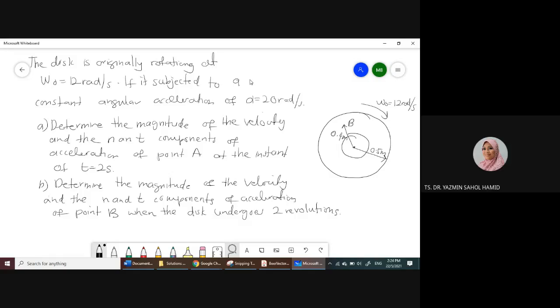Done. Okay, now. The disc is originally rotating at omega naught.